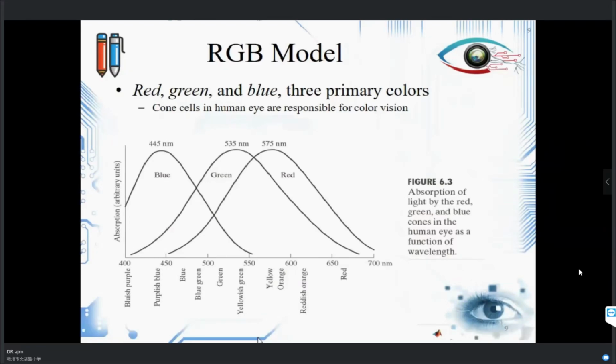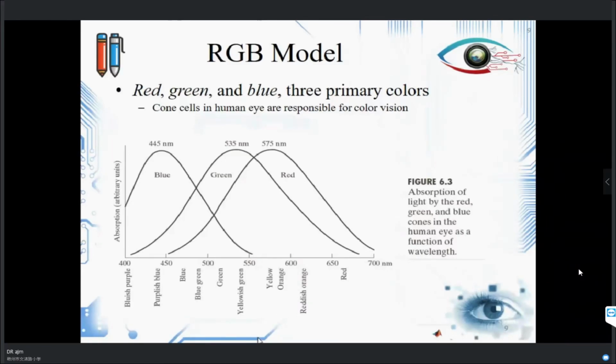Suppose the blue one is 445 nanometers, the green one is 535, and the red one is 575. As you can see, the working domain of red and green is much larger than blue. And these are the cones in our eyes, which are responsible for color vision.